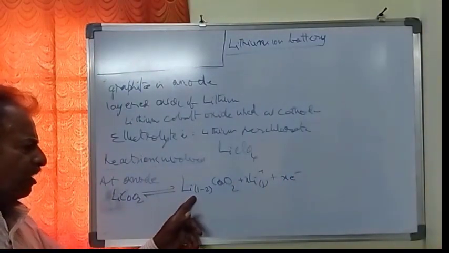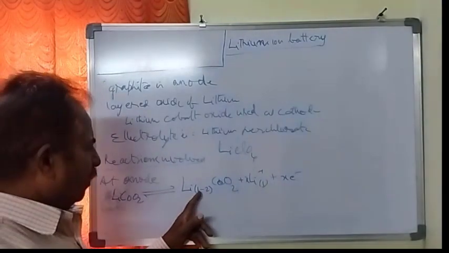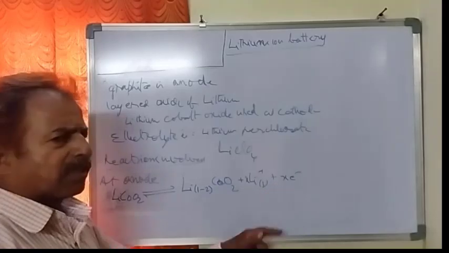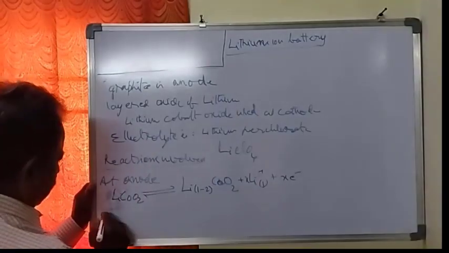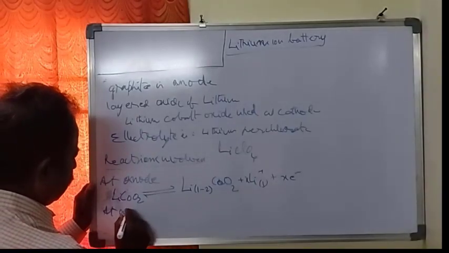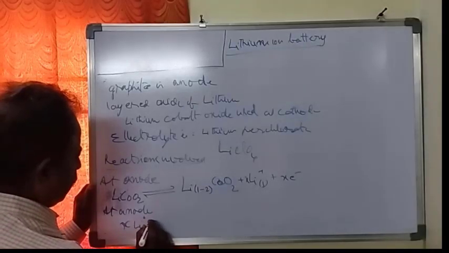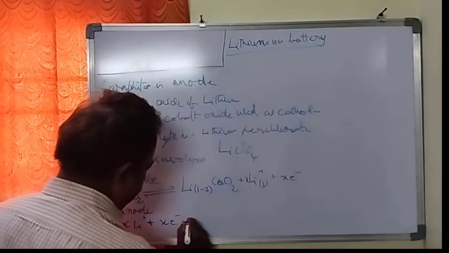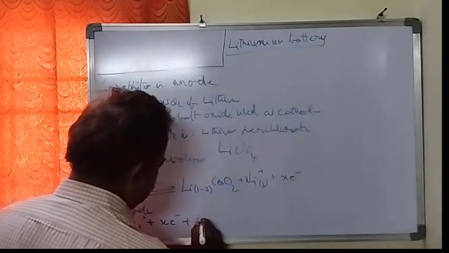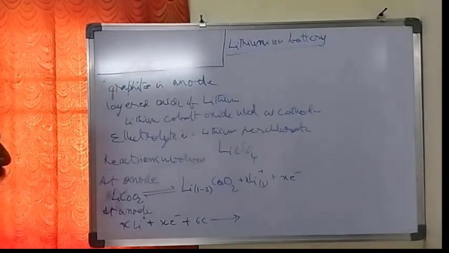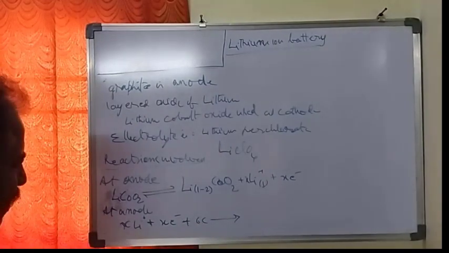Lithium cobalt oxide gives lithium cobalt oxide. 1 or 2 lithium atoms are involved. X lithium ions and X electrons are released. So at anode, X lithium plus X electrons plus 6 carbons. Graphite is there, no? So it combines with the graphite.